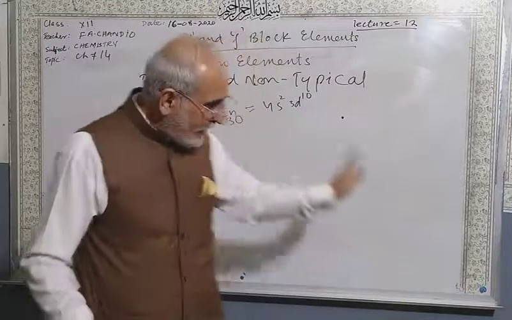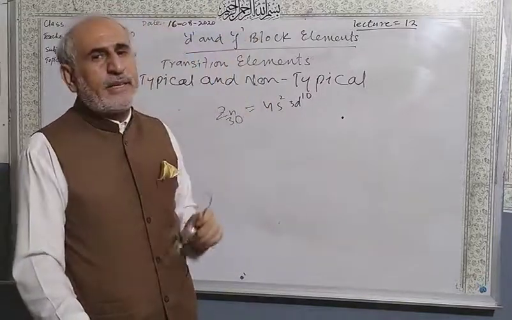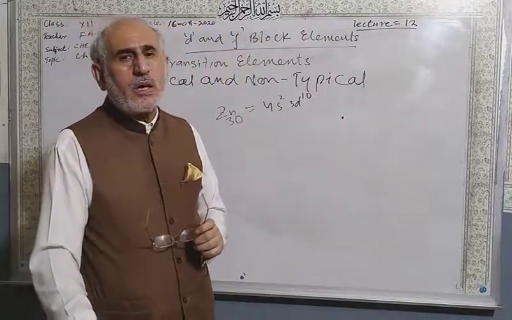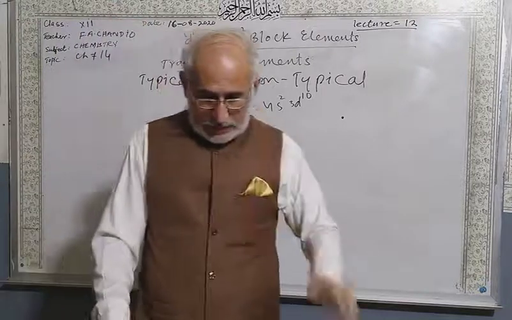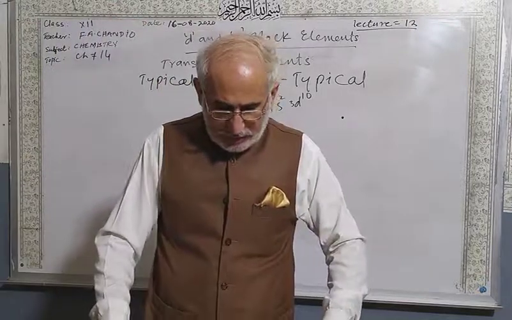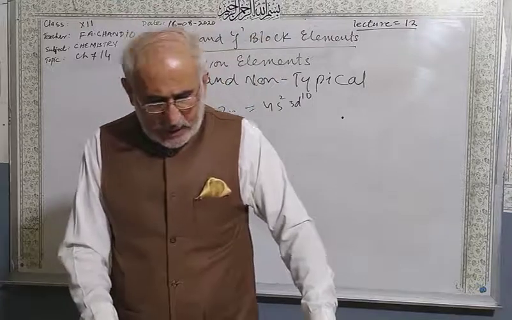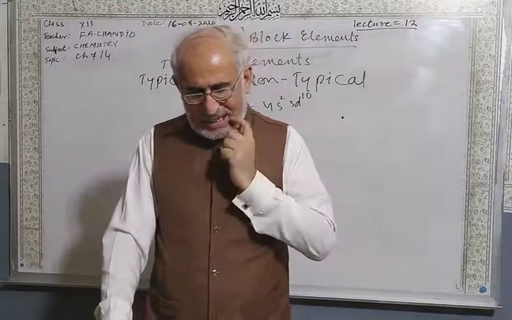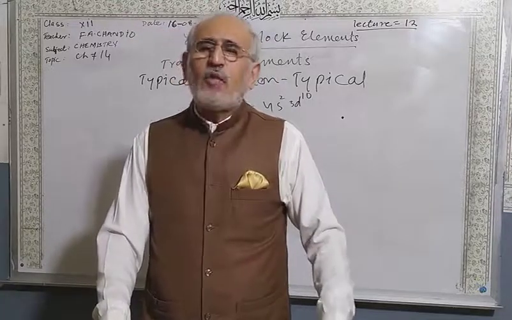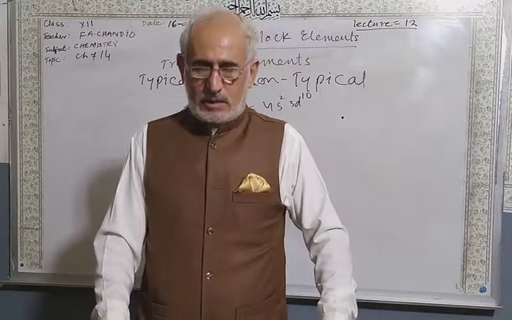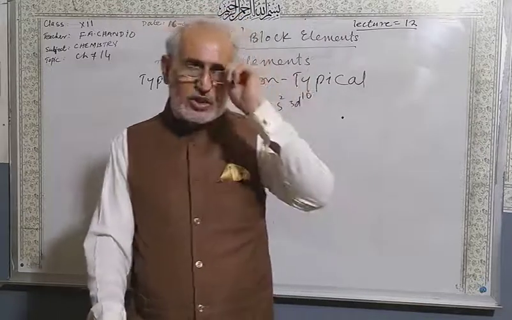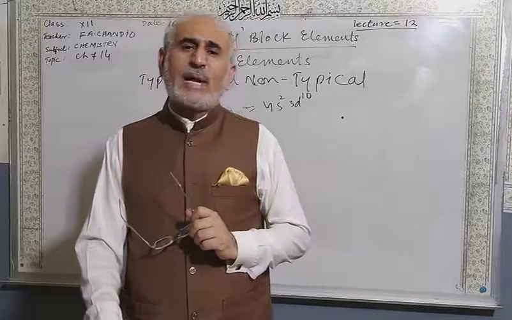Because of the same reason I told you, they have completed their d orbitals. It is appropriate to include these elements among the transition elements because they form complexes. Other transition elements also form complexes.